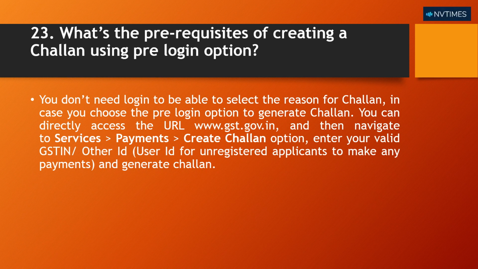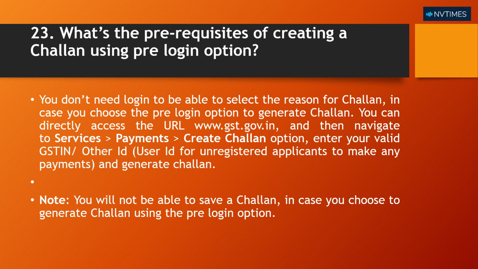Enter your valid GSTIN, other ID, or user ID for unregistered applicants to make any payments and generate a challan. Here you will not be able to save a challan in case you choose to generate a challan using the pre-login option.